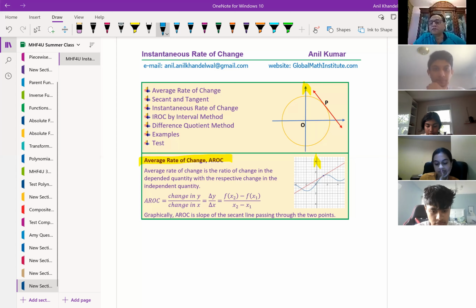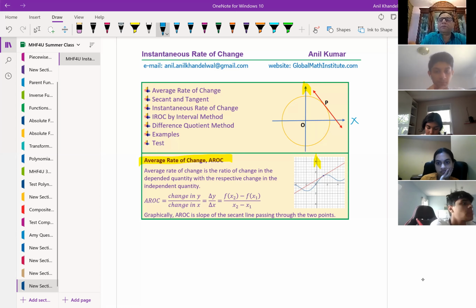And we are going to cover this up here also. So once again, average rate of change is the ratio of change in the dependent quantity with respect to the change in the independent quantity. Independent quantities are written along the x-axis and dependent quantities along the y-axis.